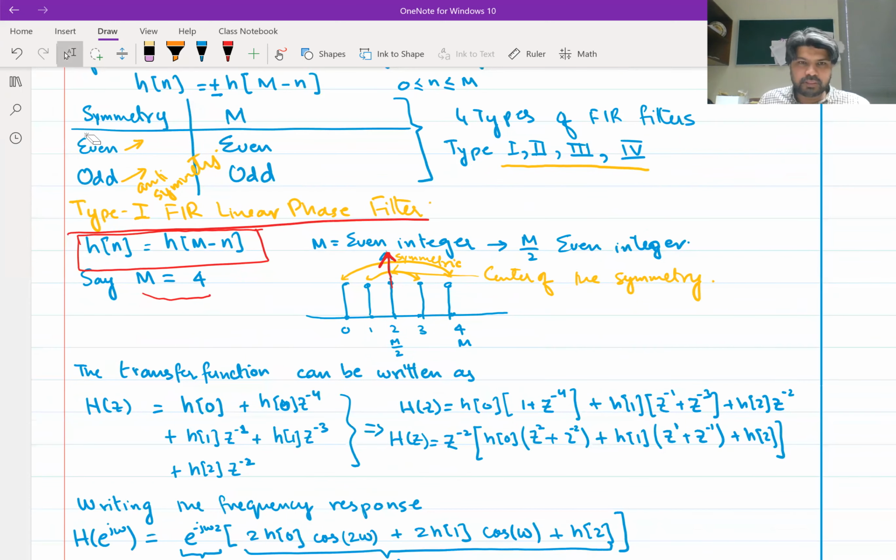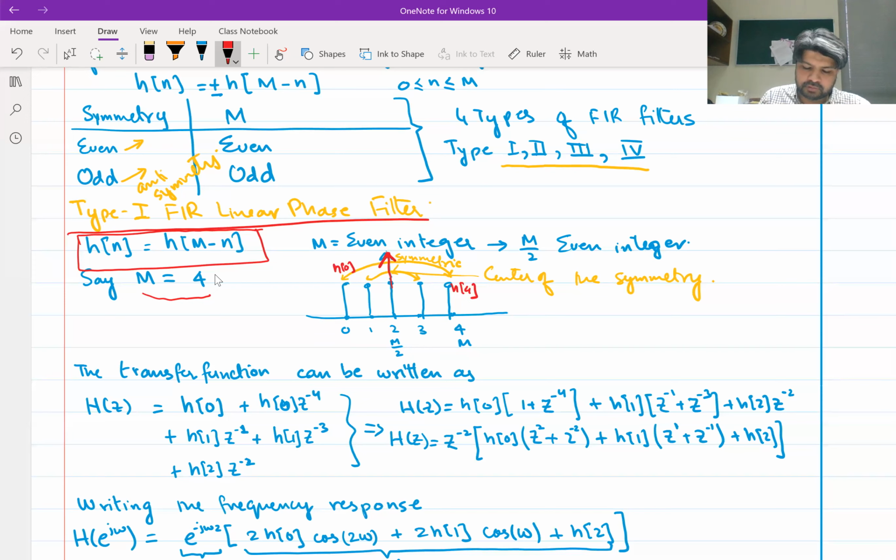So now you can write down the transformation. So these can be arbitrary. So this would be h of 0 and this would be h of 4. Okay, and you know the formula for the H of z.